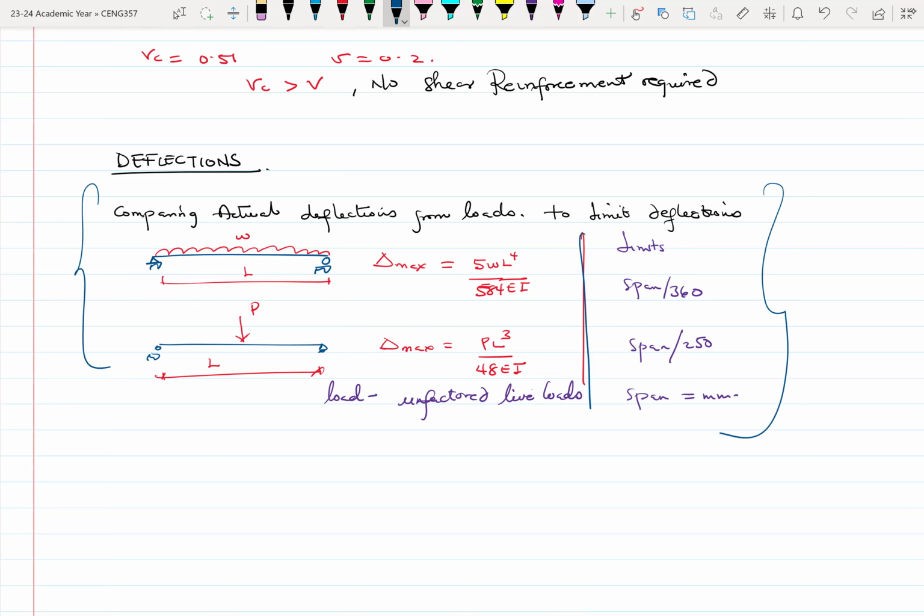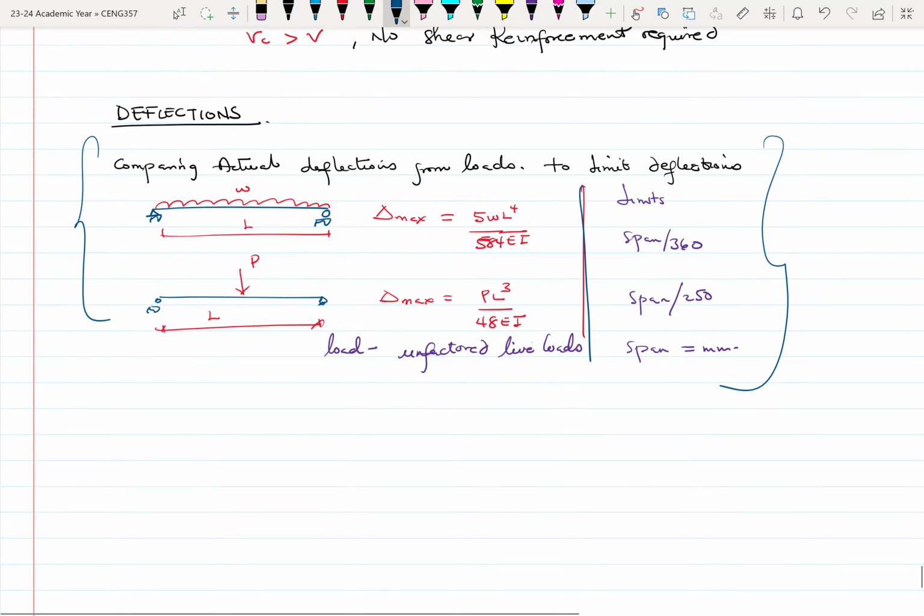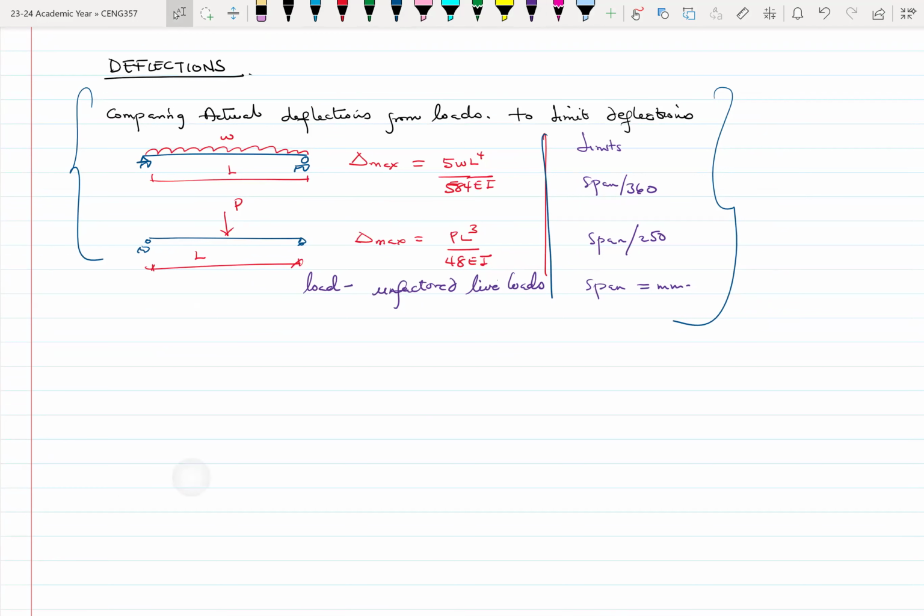Okay. The other thing to do, which we have been doing for some time now, is that one of the ways we can also check deflections is by using the span to effective depth ratios, I mean, the ratios between the two.